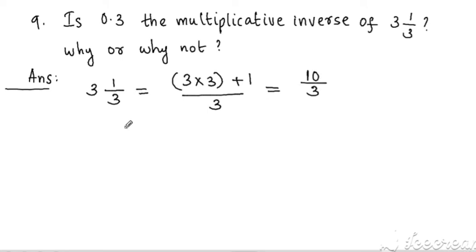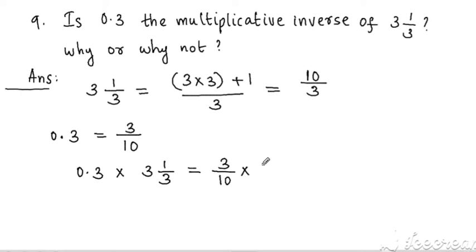Then 0.3 can be written as 3 by 10, because we have only one decimal place. So one decimal place means you have to divide that by 10. So 3 by 10. Then you have to check whether their product is 1. So 0.3 multiplied by 3 and 1/3 is equal to 3 by 10 multiplied by 10 by 3.